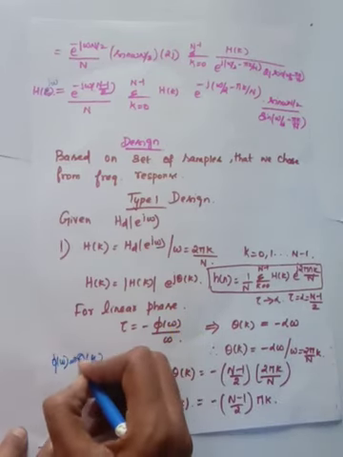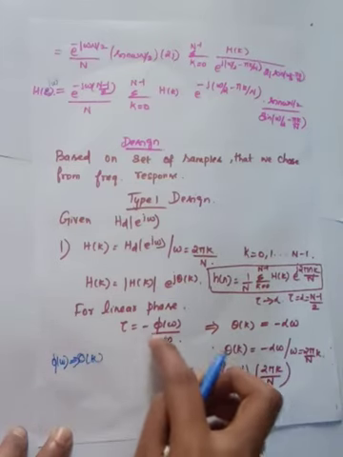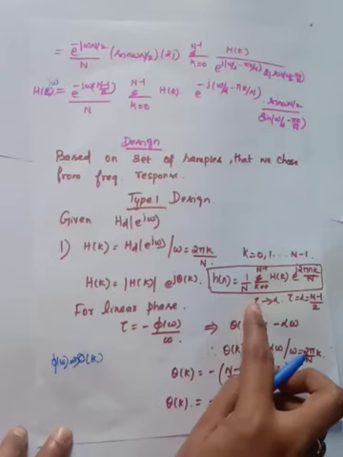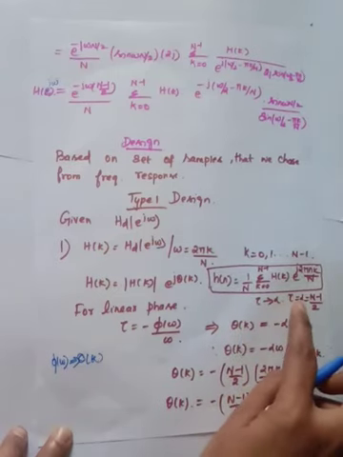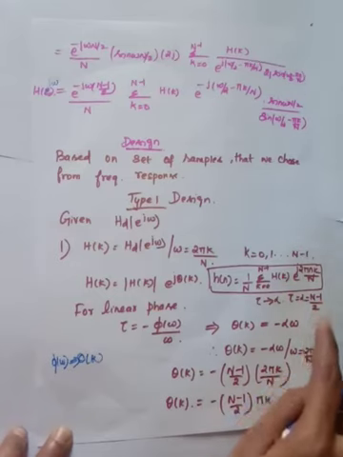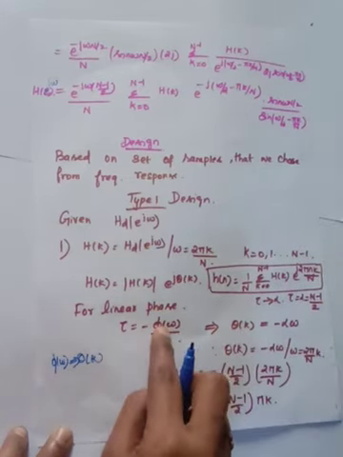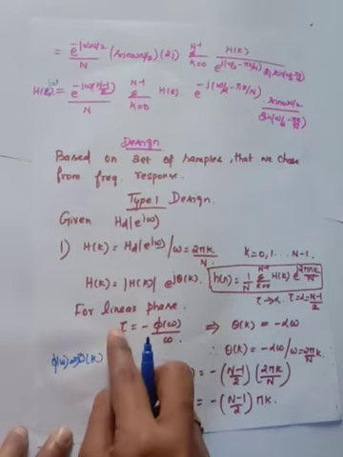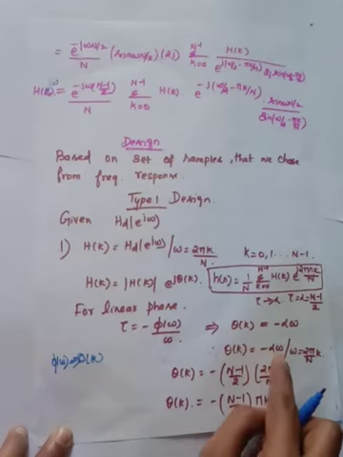So theta of k you can write as minus tau omega. Here, instead of tau, I am using the parameter alpha, which is the delay. Alpha is equal to (N minus 1) by 2, you already know. So theta of k can be represented as minus alpha omega.